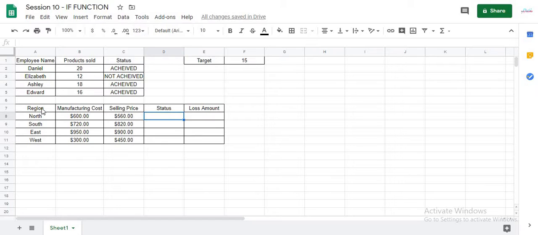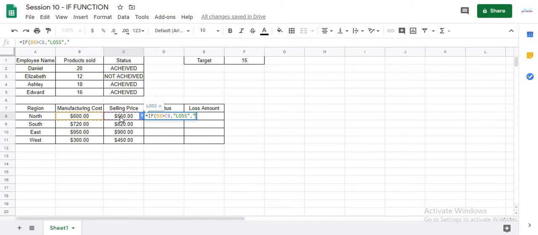Here in this table, I have the region, the manufacturing cost of the products sold in those regions, and the selling price. I want to know the status, if it was a loss or a profit. So for this, we are going to write an IF function equal to IF the manufacturing cost is greater than the selling price, then I want the value to reflect as loss.